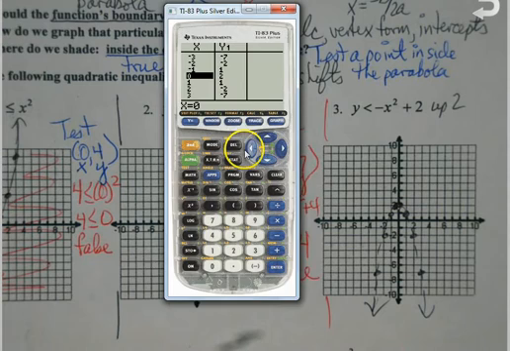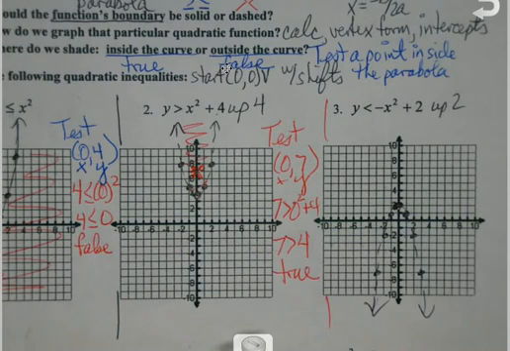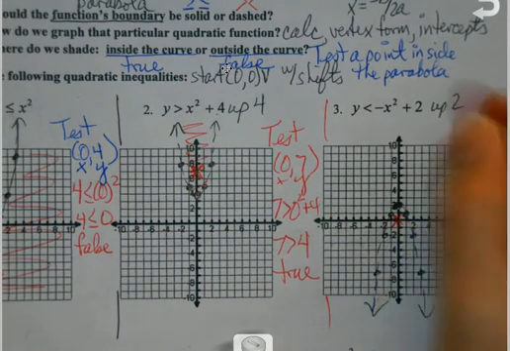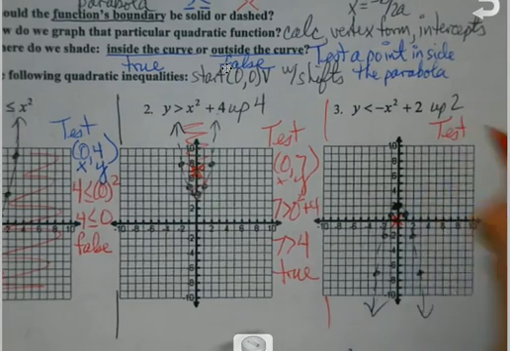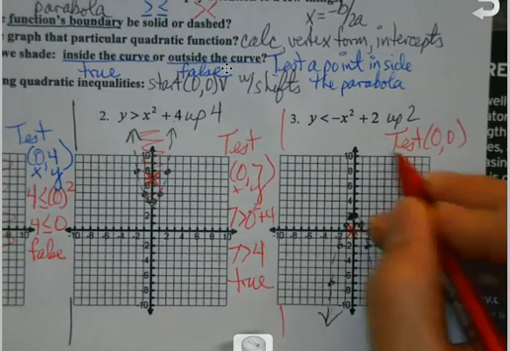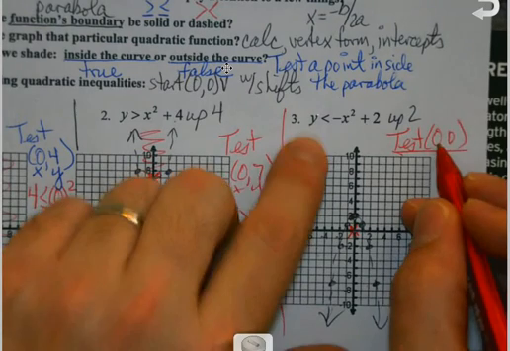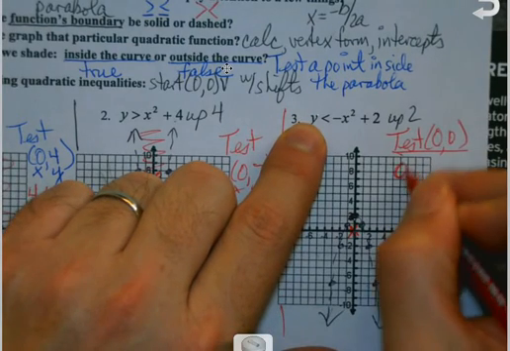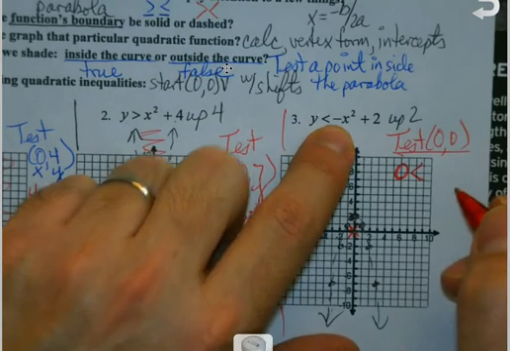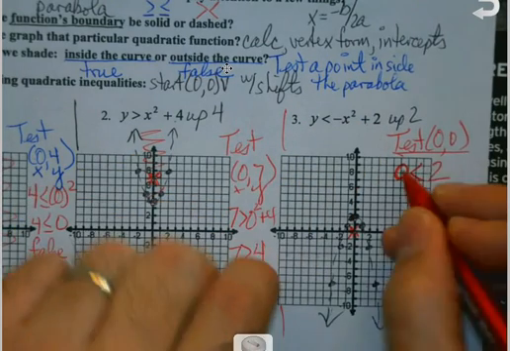And now we're a test point away from being done with this one. Now this time I can use 0, 0, so I'm going to go ahead and use that. So again, what's 0 do? It basically wipes out everything. So 0 is less than 0 plus 2. Is 0 less than 2?